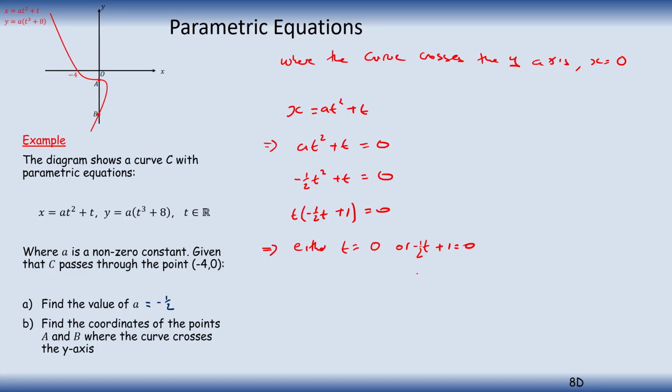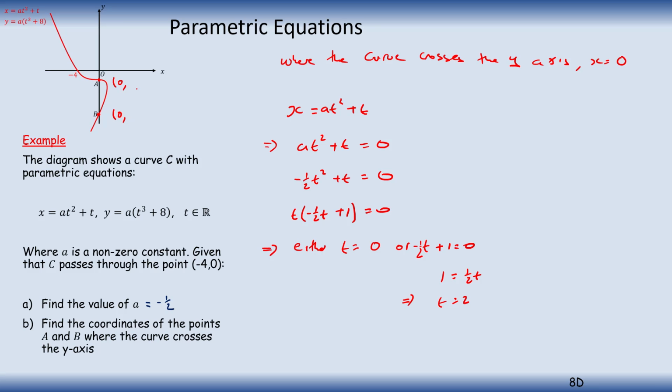Let's leave the 1 on the left hand side, and we'll work on the right hand side then. So if I leave 1 here is equal to a half t, that means that t is equal to 2. So those are my two values of t. I know x is equal to 0 at both those points.